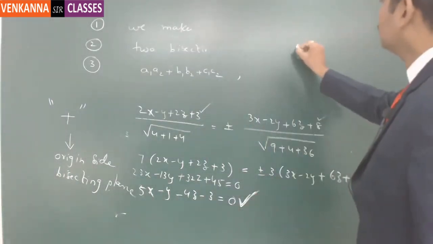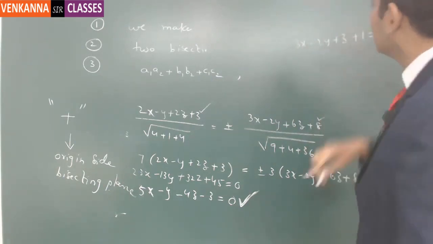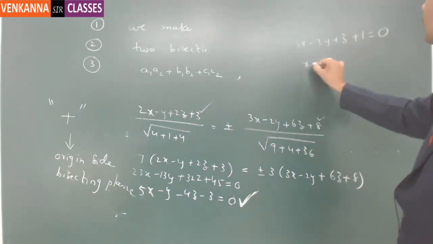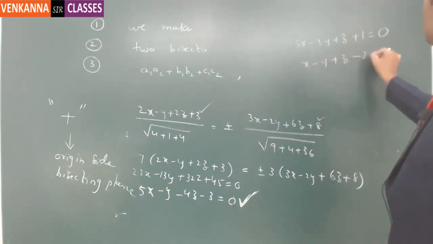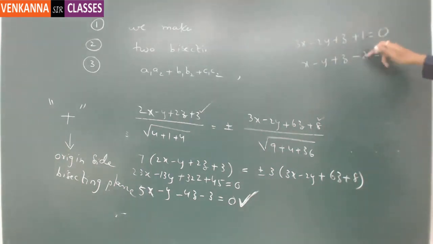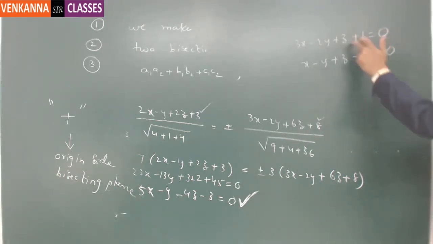Let us take a small thing. Say, this is my first plane. Second thing, this is my second plane. So constants have opposite signs. Now what happens? You are going to change one equation between the two.